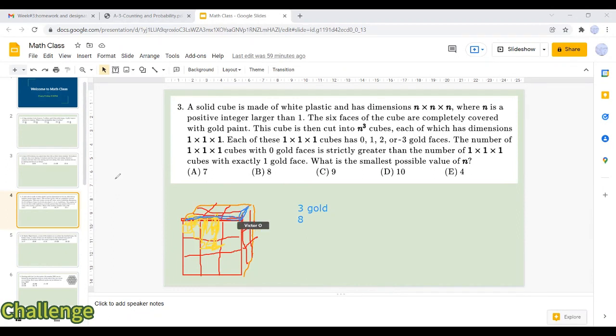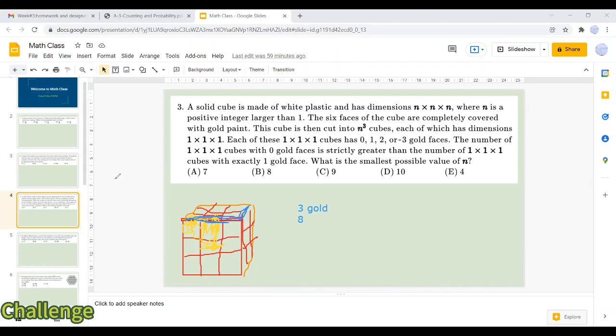To find the middle area, first we define the amount of cubes that have two faces that are gold. There are 12 edges on the cube, since there are 12 side lengths in a cube. And so I made the equation: n minus 2 is going to equal one of the side lengths here.